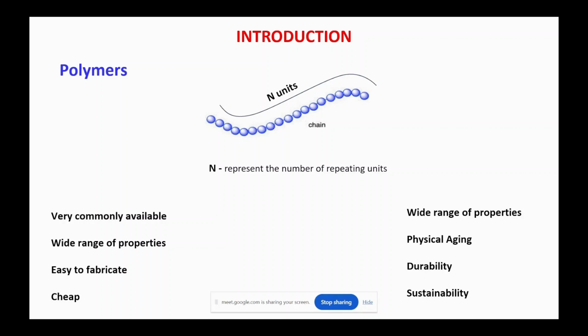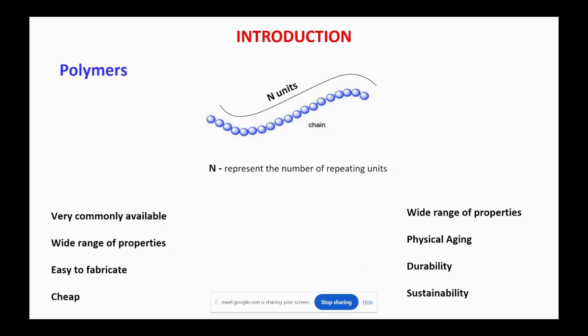But still, even within this very short span of time, polymers have become more widely used. They are commonly used by us. So what makes polymers attractive? There are multiple advantages.